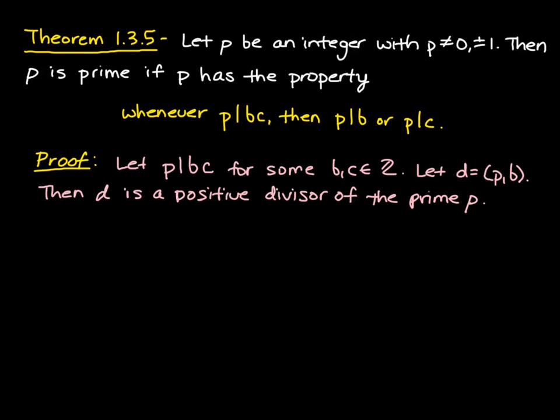And so what is this saying? If d is a positive divisor of the prime p, then the only possibilities we have are that p and b are relatively prime, or that p is actually a factor of b. And so if we write that, we have that p and b are relatively prime, or p is a factor of b, which would imply that d is plus or minus p.